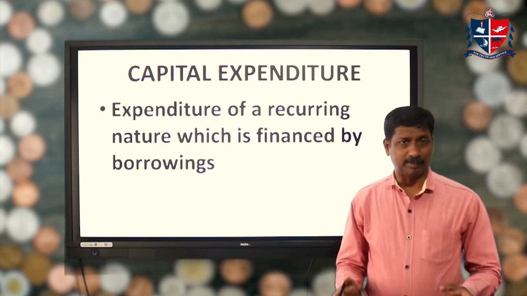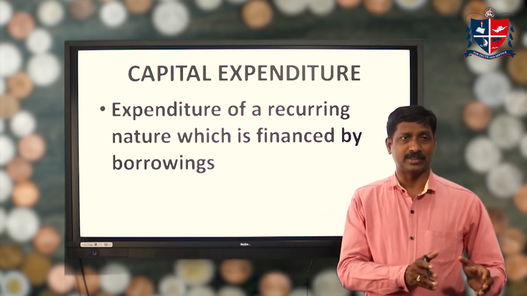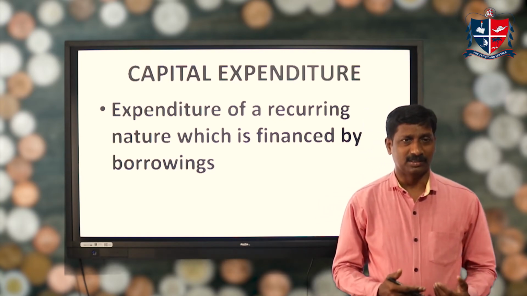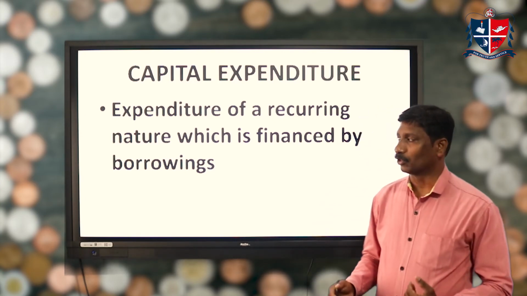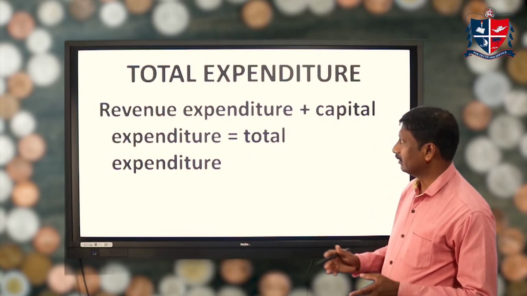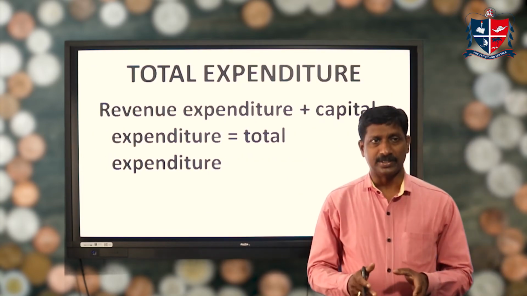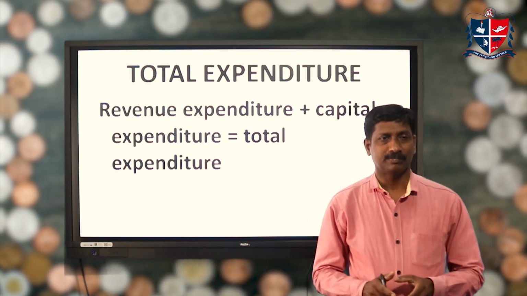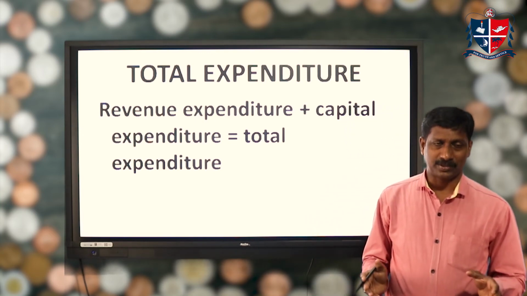But when we talk about capital expenditure, this is also part of expenditure of the budget. Capital expenditure is of a non-recurring nature, which is financed by borrowings. When we add these two expenditures, revenue expenditure and capital expenditure, we will get total expenditure.